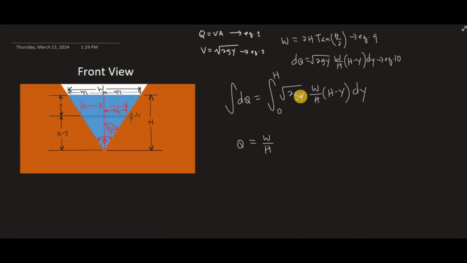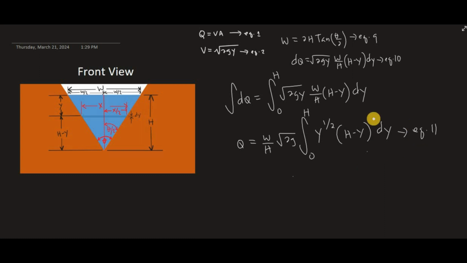The square root of 2gy can also be split up into two: the square root of 2g times the square root of y. The square root of 2g is a constant term, so we can also write it at the front of the integral. The square root of y can be written as y to the power 1/2, multiplied by the quantity h minus y, and then dy. The limits of integration are from y equals 0 up to y equals h. So we can label this as equation 11.